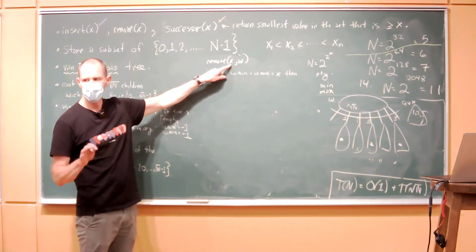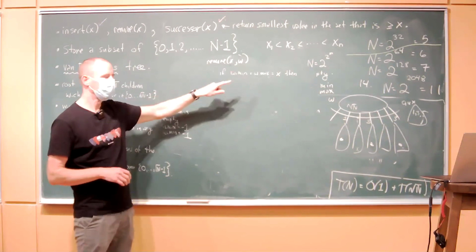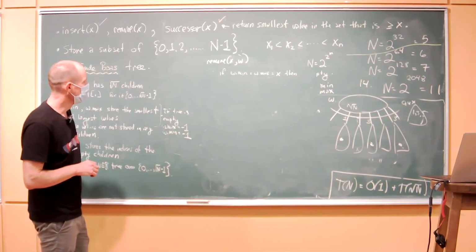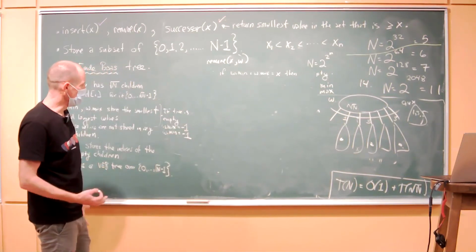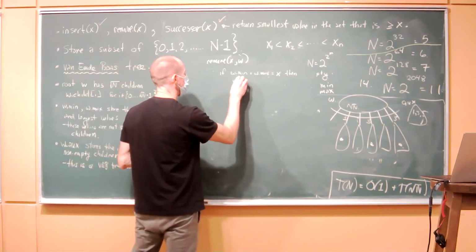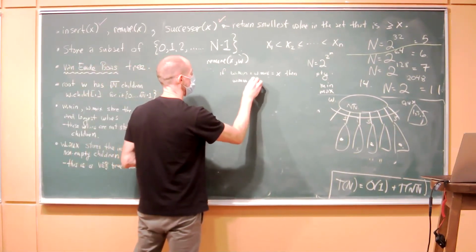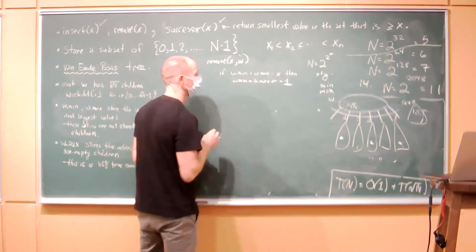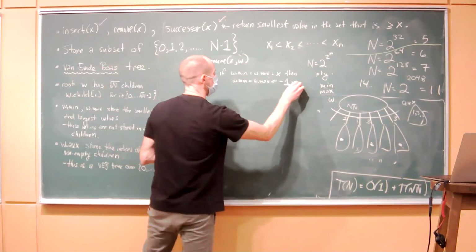We could always check for that, but I don't have a ton of space on the board here for this. So if that happens, you're just removing the last element, then you set these things to indicate that the data structure is now empty. Set them both to -1, and I'll say return.